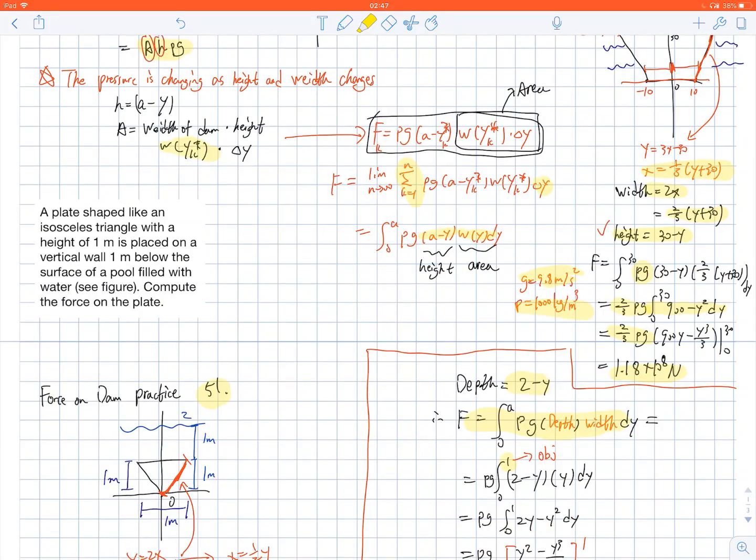Now we have both the height and the width function. We plug it into the master function that we got earlier, and F is going to be the integral of p times g times (30 minus y) times (2/3 y plus 30) from 0 to 30. I'm pretty sure the integral is going to be pretty easy for you guys.